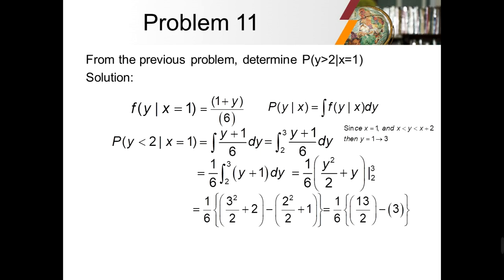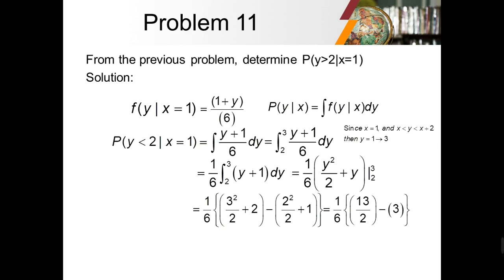Minus 2 squared over 2, so that would be 4 over 2, plus 2. So, that's 4. So, minus 4.